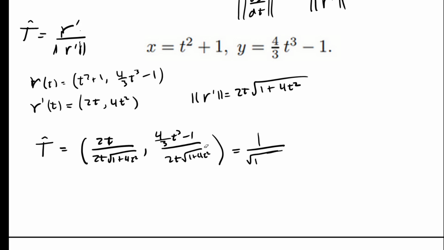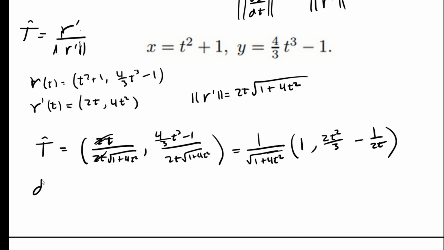I'm not going to cancel that out. Cancel that out. 1 plus 4t squared times 1, comma, so it's going to be 2t squared over 3 minus 1 over 2t.